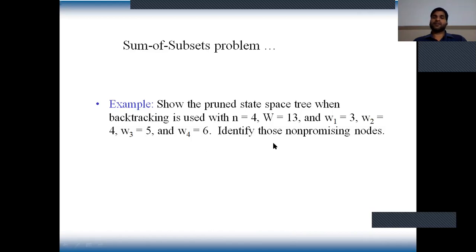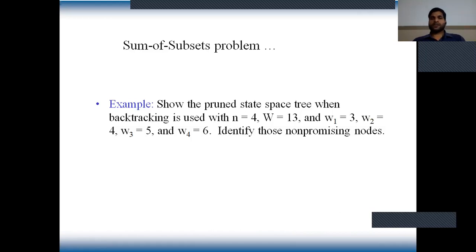So identify these non-promising nodes, because the summation of the set values 6 plus 5 plus 3 does not give 13. 5 plus 4 plus 3 is not equal to 13. 5 plus 6 plus 4 is also not equal to 13. So these weights and nodes show the non-promising ones. This is the example of the subset sum problem.